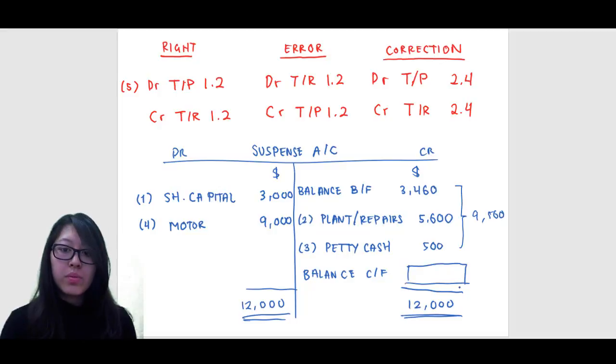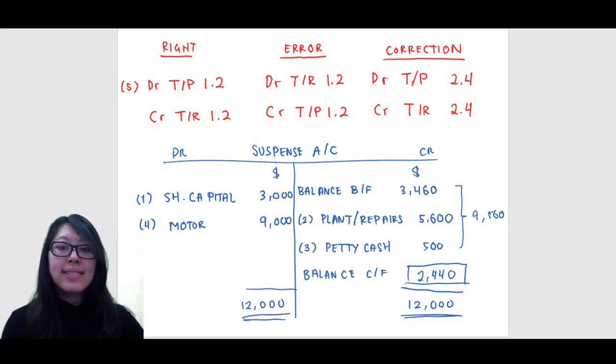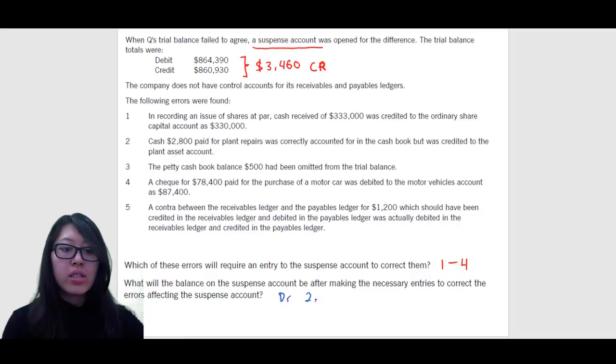So the difference will be 2,440. So basically now the closing balance on the suspense account is going to be a debit of 2,440. Our suspense account is still existing, and that means we still have some errors to go through and to correct. But so far, this is our closing suspense account balance.